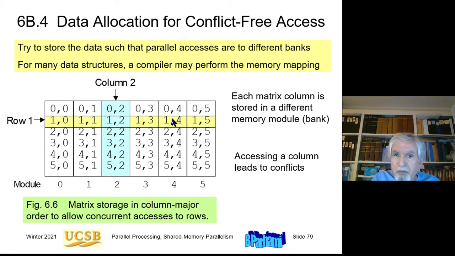So let's say 6 processors can access those 6 different elements simultaneously because they reside in different memory banks. However, if I happen to need this column of this matrix, well, tough luck. All the elements of that column are in the same memory bank, and therefore I have to fetch them one at a time, and concurrent access is not possible.